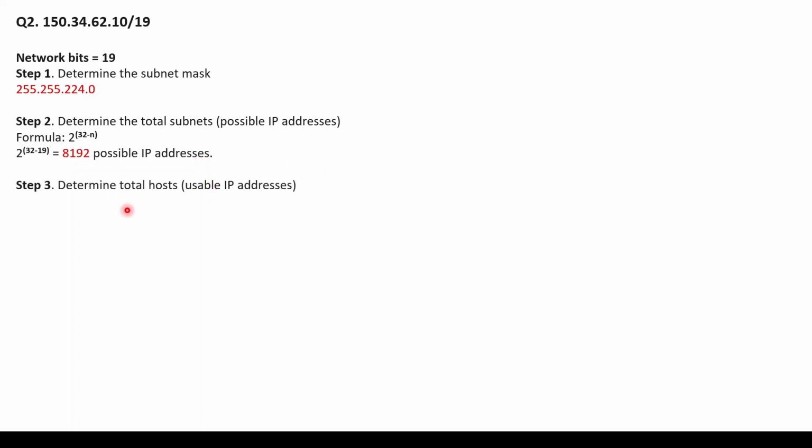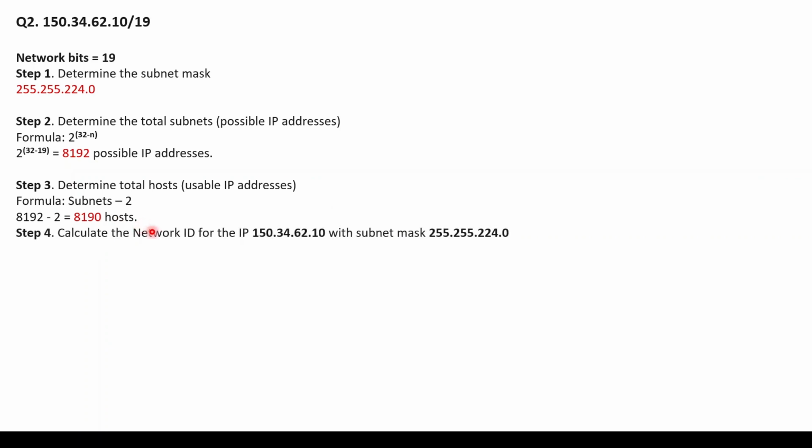Step 3, determine total hosts, that is the usable IP addresses. Remember, it's the subnets minus 2. So we have 8,192 minus 2, which gives us 8,190 usable IP addresses.